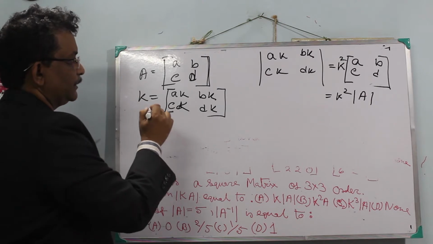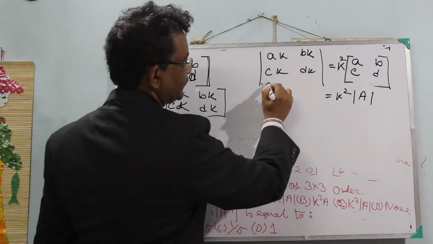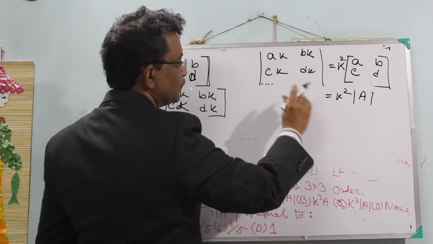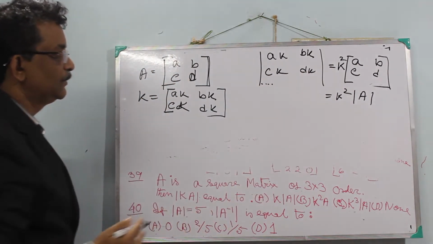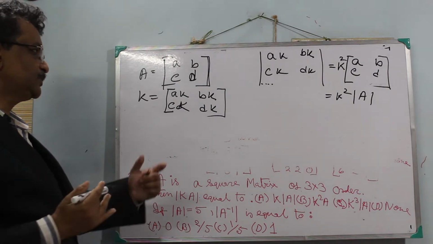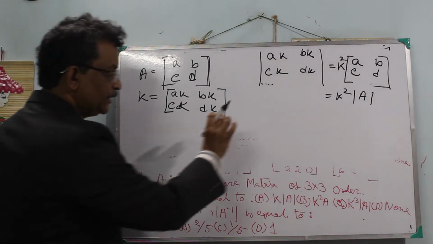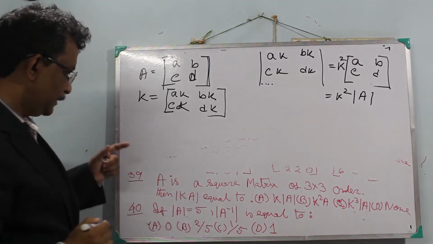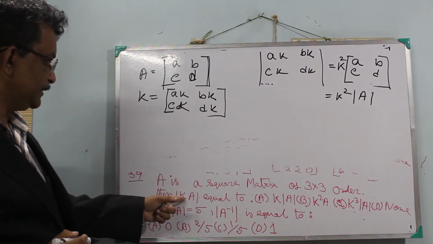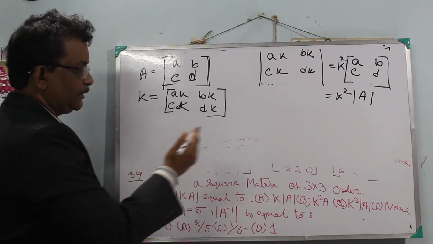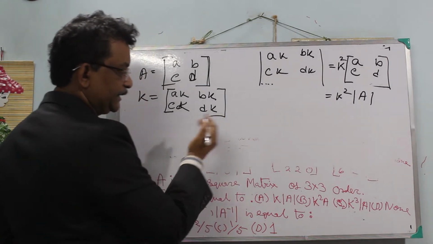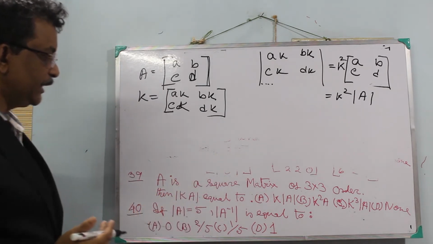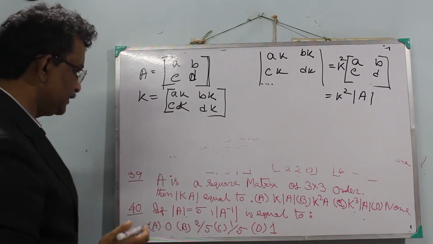And this is the matrix, and its determinant value is K square, because it is order 2. If it is order 3, then for calculating the determinant of KA, from each row K is taken common. So there are 3 rows, so K cube A would be the correct answer.